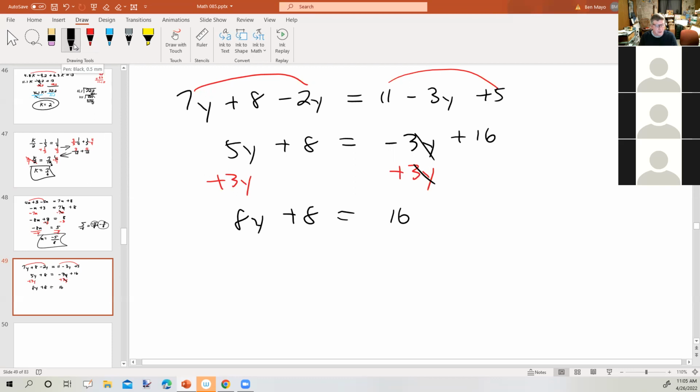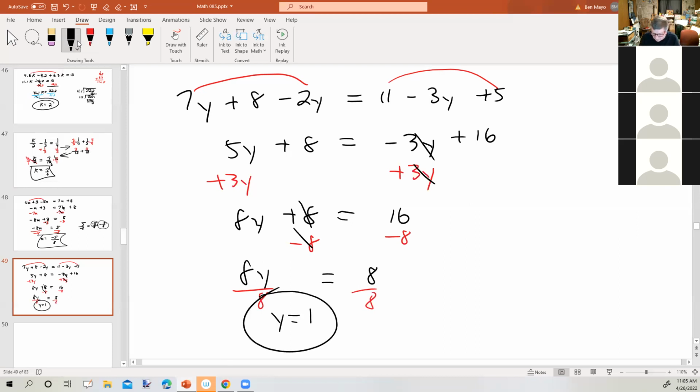Since I put the variable term on the left side of the equation, I want the constant term to be on the right side of the equation. So 8y equals 16 minus 8, which is 8. And finally, isolating the variable, divide both sides by 8, y equals 1.